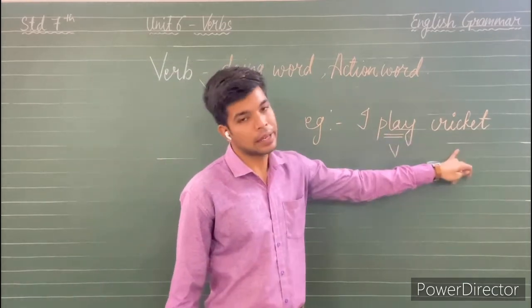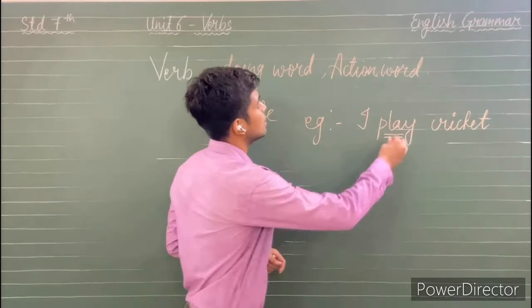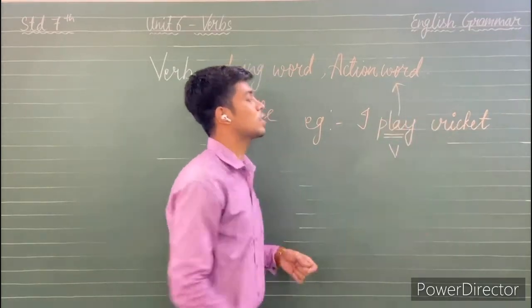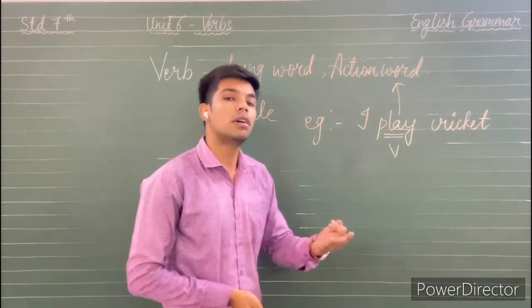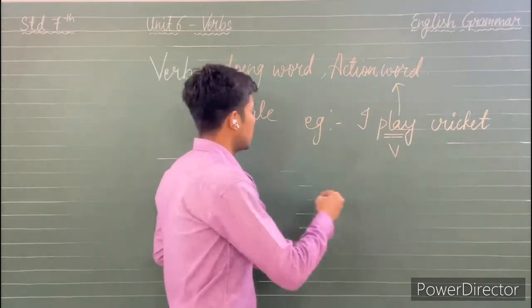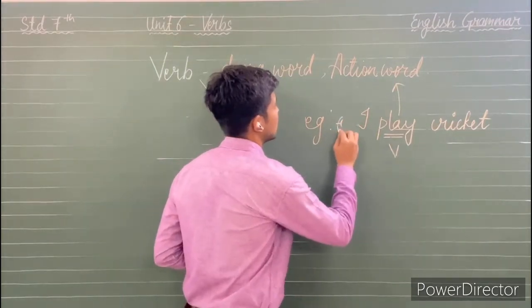I play cricket. So play is the action word here and it is the verb of the sentence. This was example 1.